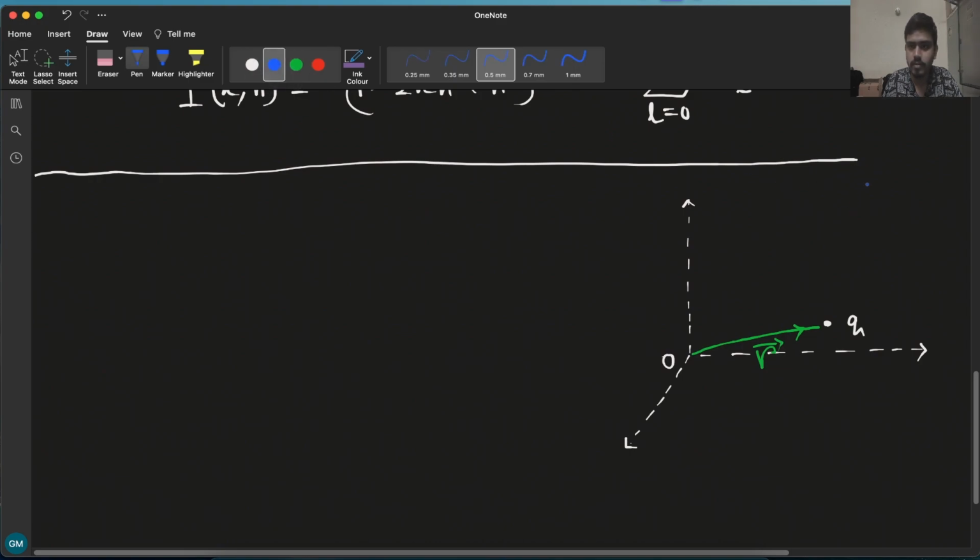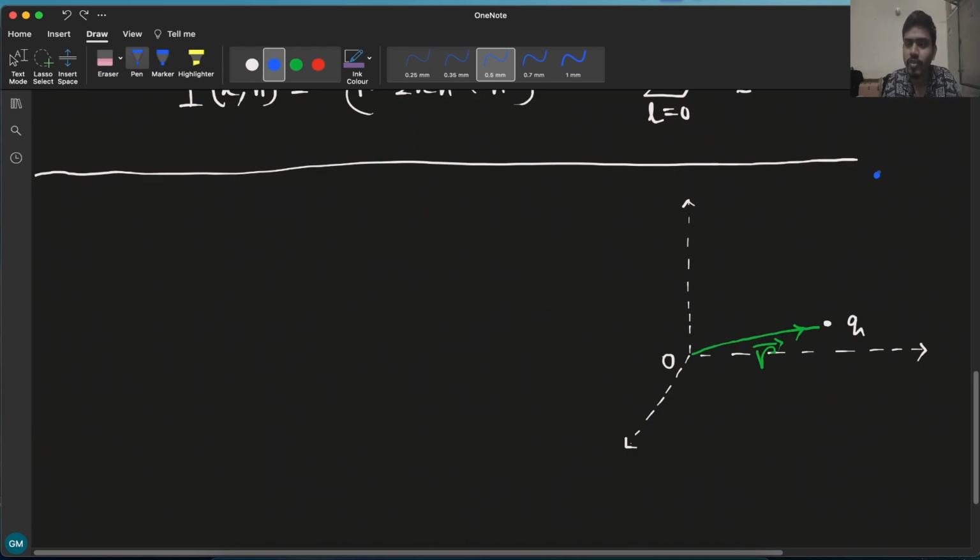And here, let's say we want to derive the electric field, or let's say there is a unit charge here and we want to know the force on this charge due to the presence of the other charge.